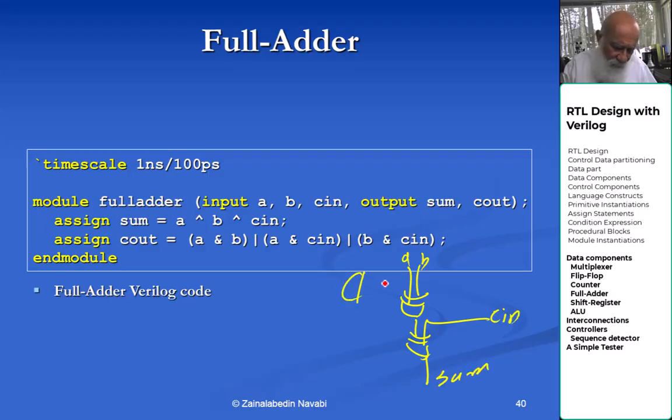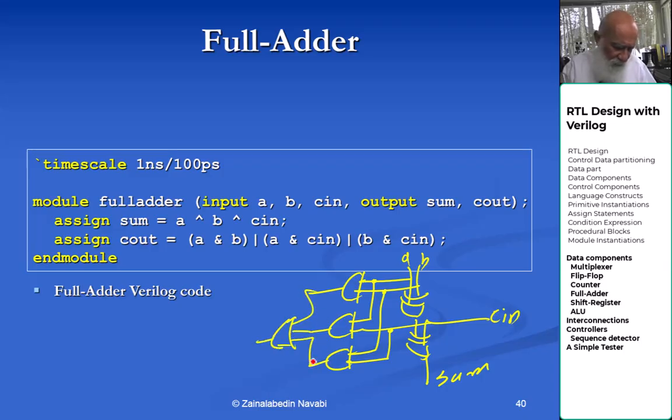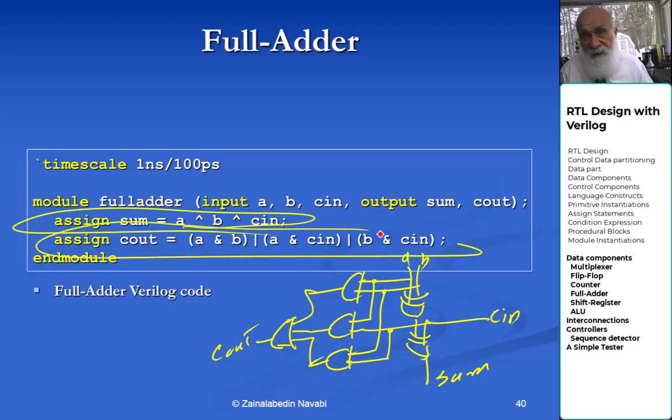And then here is A, B ANDed together, A and Cin ANDed together, B and Cin ANDed together, ORed together, and that becomes your carry out. This becomes your sum, and therefore what you have here is a full adder with a sum output and a carry output. I'm using one Boolean expression for the sum, one Boolean expression for the carry out, just to show you that there are various ways of describing hardware in Verilog.